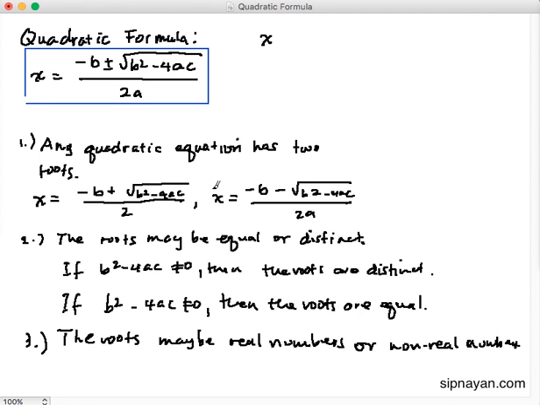So, kailan siya naging real numbers? If b squared minus 4ac is greater than 0, or b squared minus 4ac is equal to 0, real siya. The roots are real.